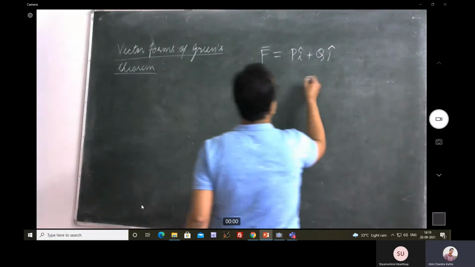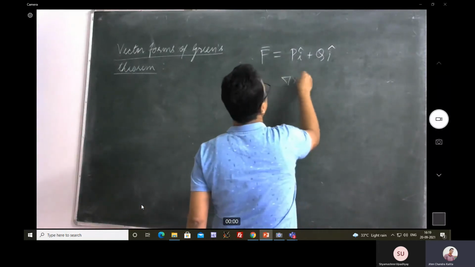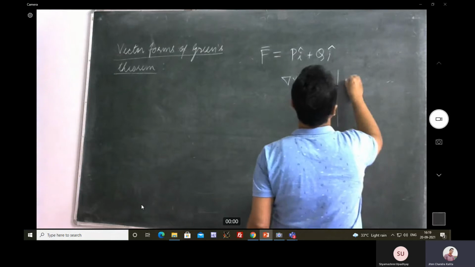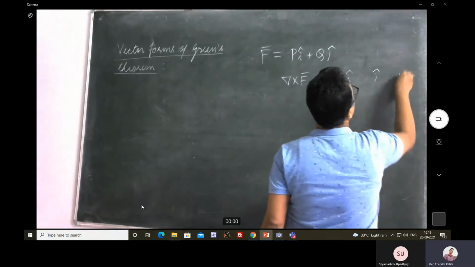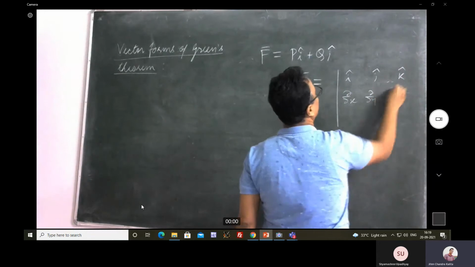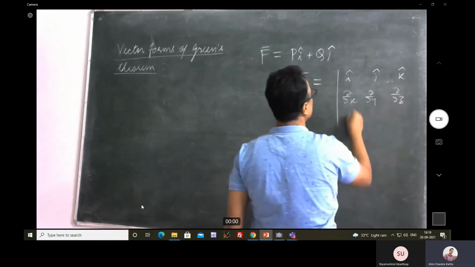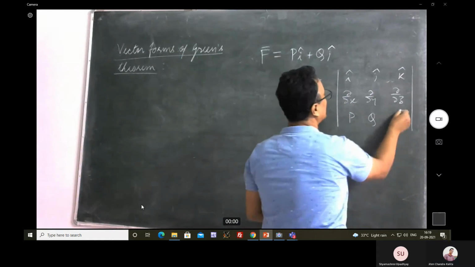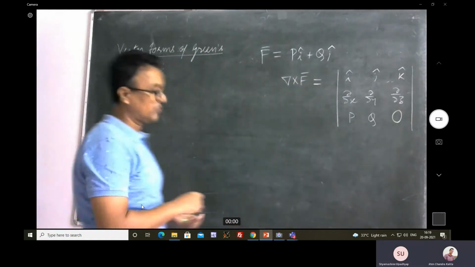So if I want to find the curl of f, this is going to give me the determinant with i, j, k, then del del x, del del y, del del z, then P, Q, and the third component is 0. Fine.